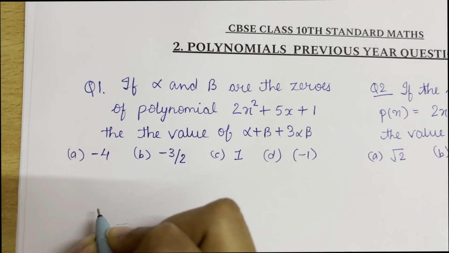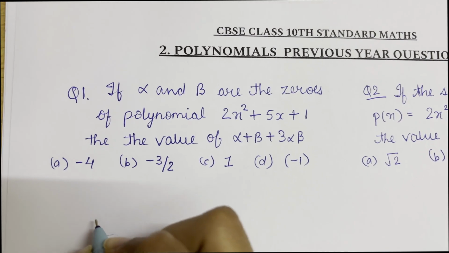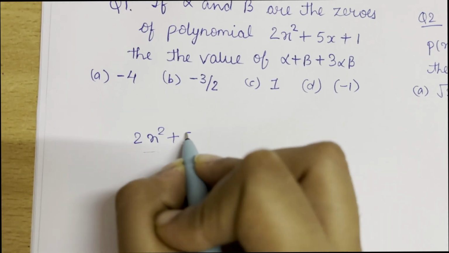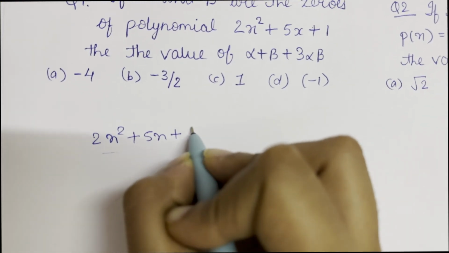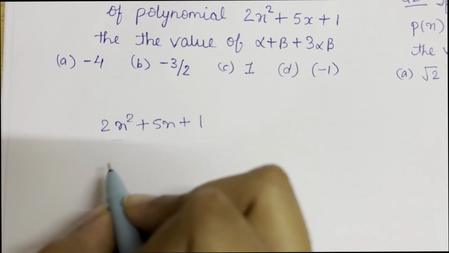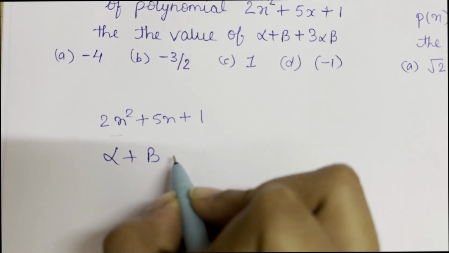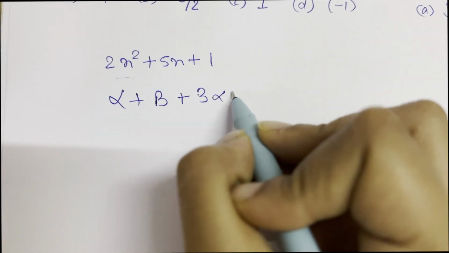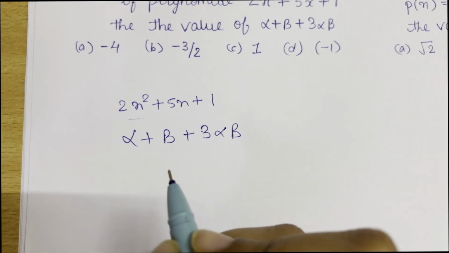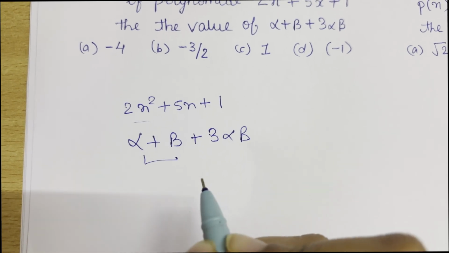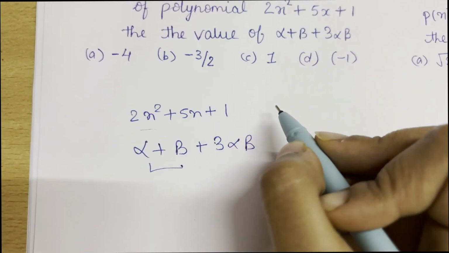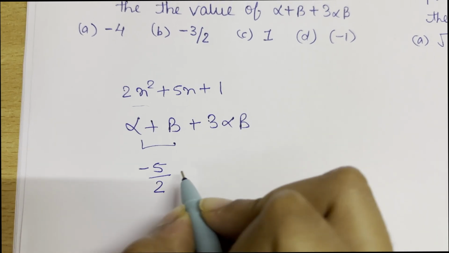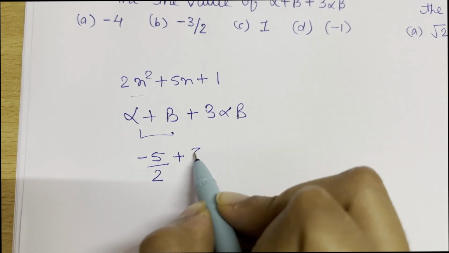So alpha and beta are the zeros of the polynomial 2x square plus 5x plus 1, and we need to find the value of alpha plus beta plus 3 alpha beta. We know that alpha plus beta, that is the sum of zeros, is minus b by a. So here minus b by a is minus 5 by 2, plus 3 as it is.